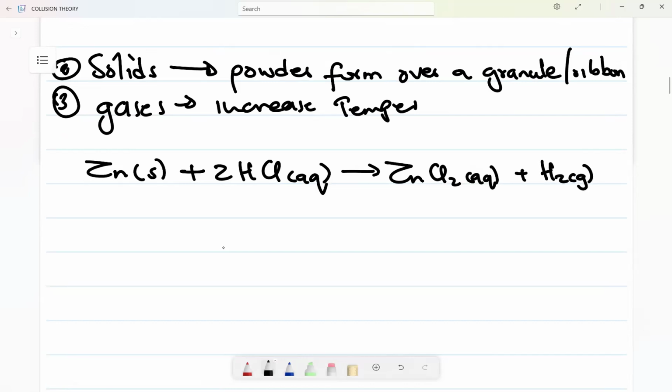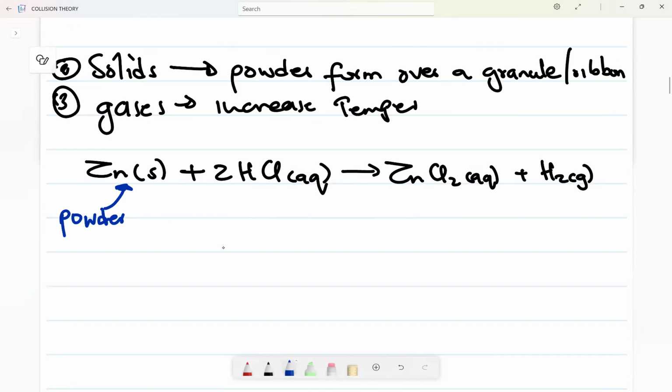Okay, yes. Now, if you want to increase the effective collisions, this is in solid, right? So it means now we have to use a powder over a granule. Remember, we'd prefer to use a powder. But this is a concentration. Can you see aqueous? It is a concentration. What can I do to this concentration?